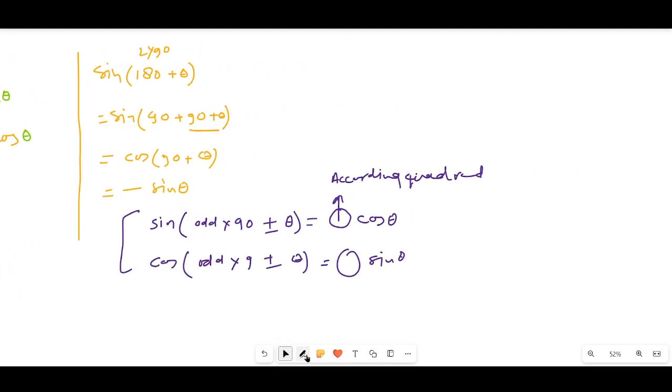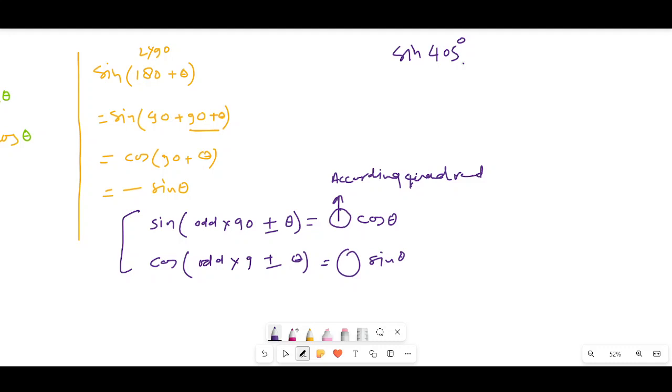But we have no understanding about this. First we should prove it. Suppose I want to find the value of sine 405 degree. What is the value of sine 405 degree?